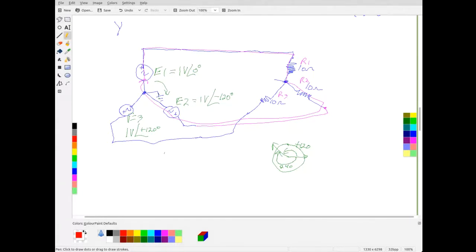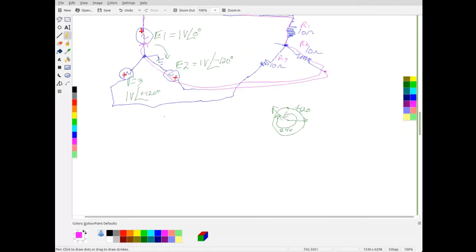I've got this ground connected here, right? The positive of the source is connected on the opposite side of the ground for all three of these.